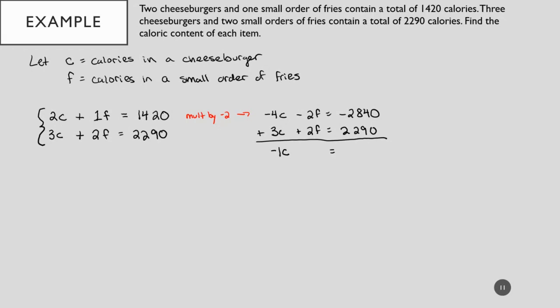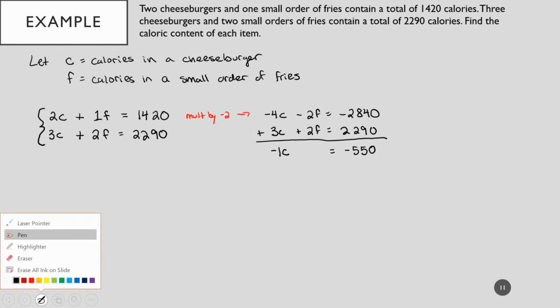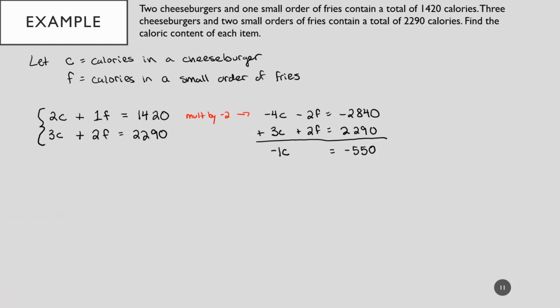And then -2840 plus 2290, -550. So we have -1c equals -550, so I just need to multiply or divide both sides by -1. So we get a cheeseburger. The calories in the cheeseburger is 550.